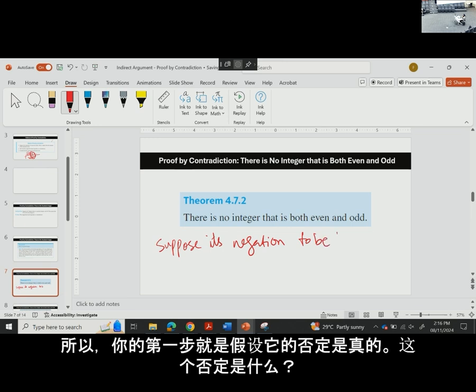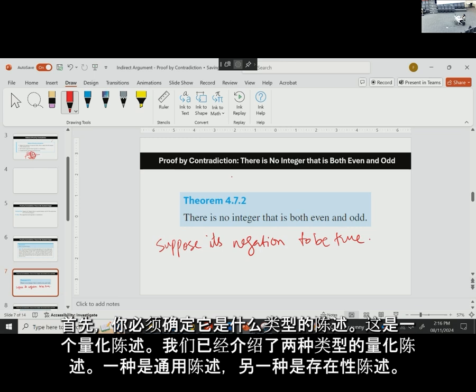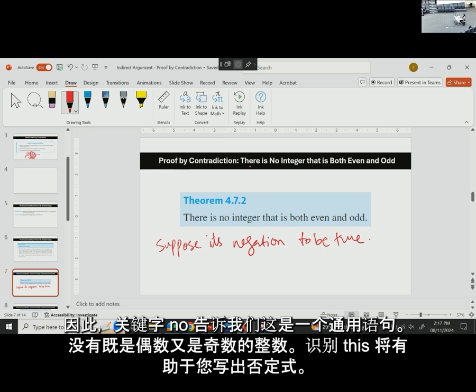What will be the negation for this? First, you have to identify what type of statement it is. It's a quantified statement. We have covered two types of quantified statements. One is your universal statement, and second is existential statement. So the keyword no tells us that this is a universal statement. There is no integer that is both even and odd. Identifying this will help you in writing the negation.